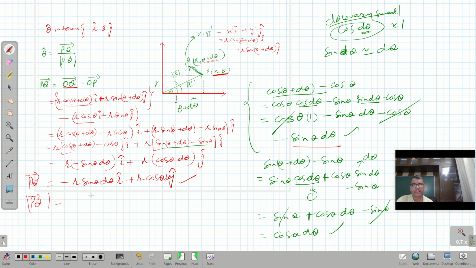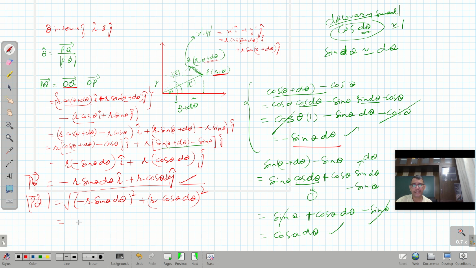So it is squaring and adding: minus r sine theta d theta, its whole square, plus r cos theta d theta, whole square, and taking it under the root.